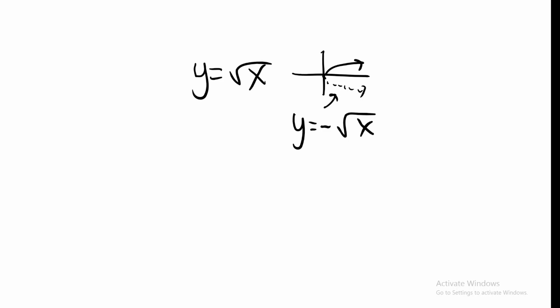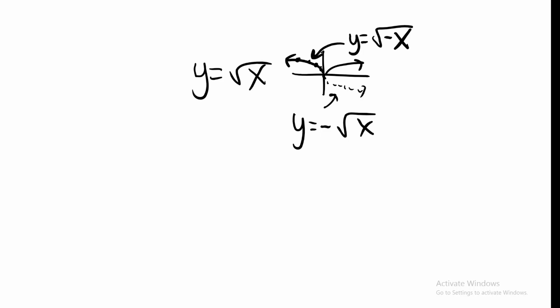If you want to flip over the y-axis, which means we're going this way, this guy's equation would be y equals the square root of negative x. So if the negative is on the inside next to the x, we reflected over the y-axis.